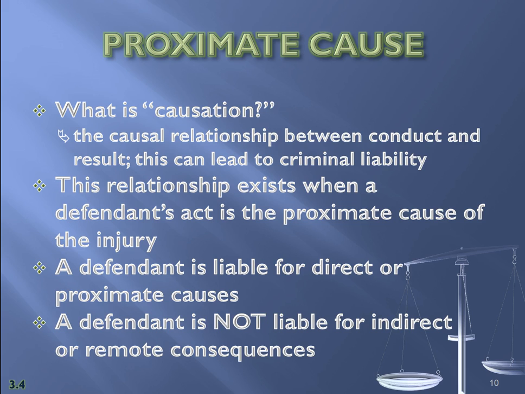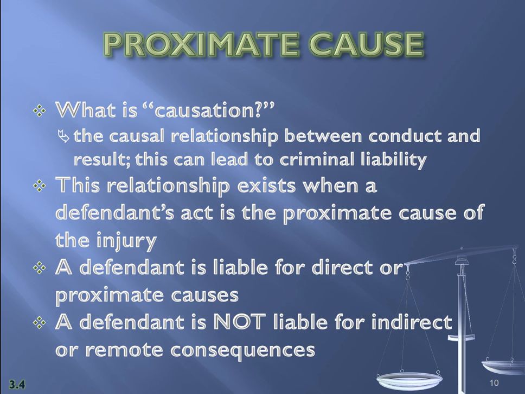This causal relationship is said to exist when a defendant's act was the proximate cause of the injury inflicted. So to be proximate, the defendant's act need only be a contributing cause, as in the case of concurrent acts of two persons acting with common design.